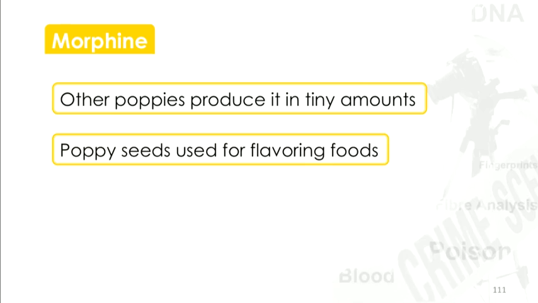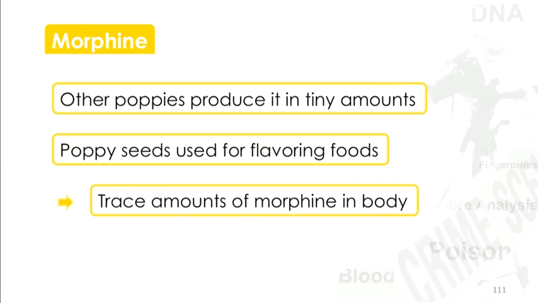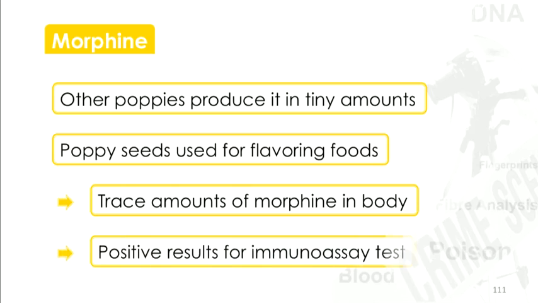So if somebody eats a poppy seed bagel, there will be trace amounts of morphine in their system. Not sufficient to have any effect, but if the immunoassay test is not done properly, it can be sufficient to give a positive result. So someone may be condemned as a drug user, whereas actually they just had a poppy seed bagel for breakfast.